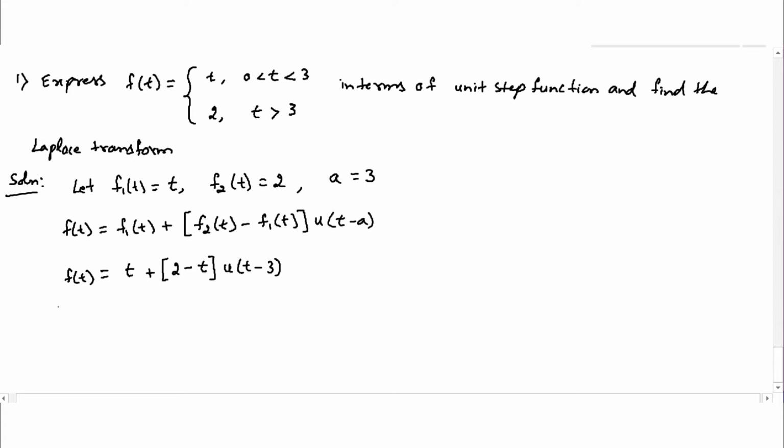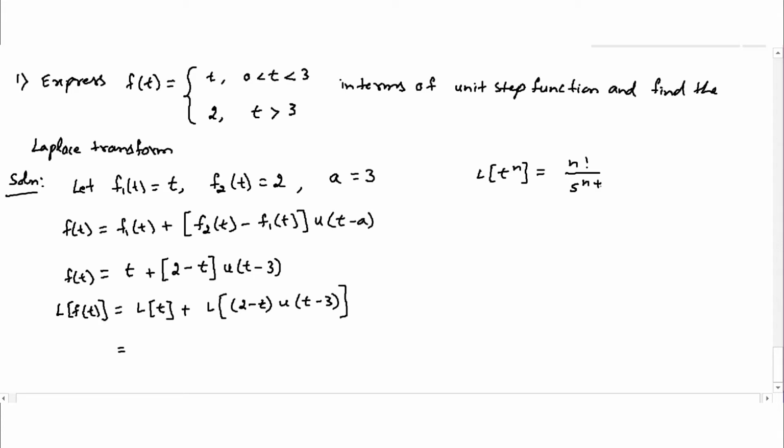Now let us apply the Laplace transform on both sides. Laplace transform of f of t is equal to Laplace transform of the first function t, plus Laplace transform of 2 minus t into u of t minus 3. Let us apply the Laplace transform. Laplace transform of t, using the basic formula of Laplace transform of t power n, will be n factorial divided by s power n plus 1.